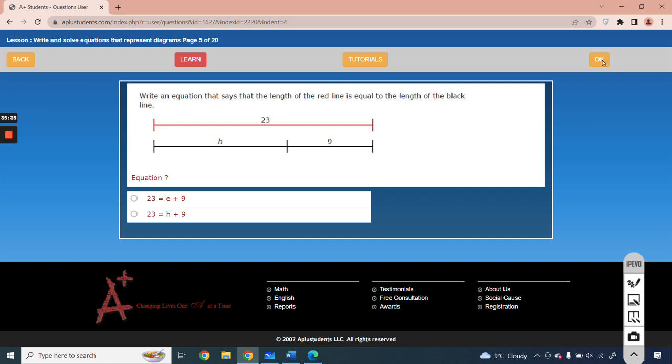Write an equation that says the length of the red line is equal to the length of the black line. So which option is the correct one? The length of the red line is 23 and the length of the black line is h plus 9. Got it? So which option is the correct one? Yes, very good, that would be option number 2. Got it? 23 equals h plus 9.